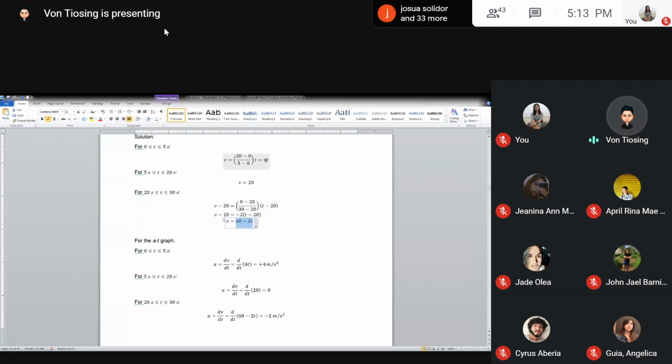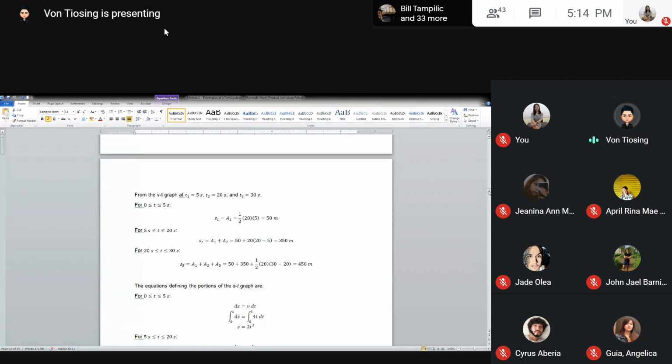The derivative of 4t is simply 4. The derivative of a constant is 0. The derivative of 60 minus 2t is negative 2. Those are our accelerations at those 3 segments.